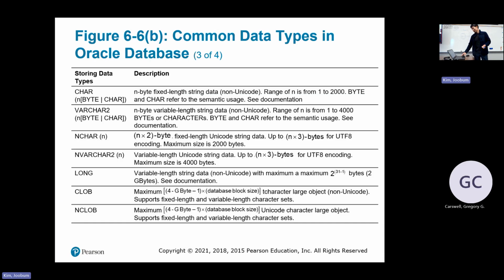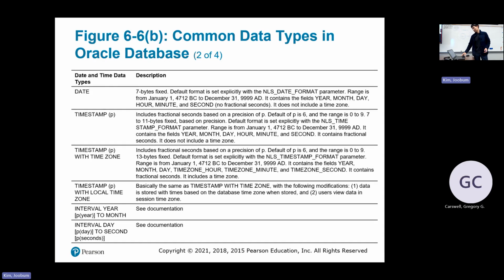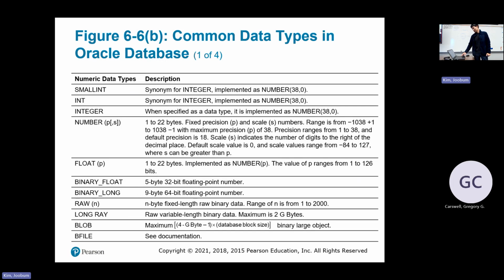Time, you can select the timestamp with time or the timestamp with time zone. And then interval year to month and day, or just a simple date. Or if you want to select the type for, what else, SSN, maybe integer or a string of characters.